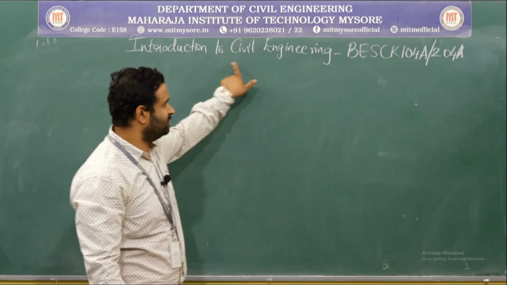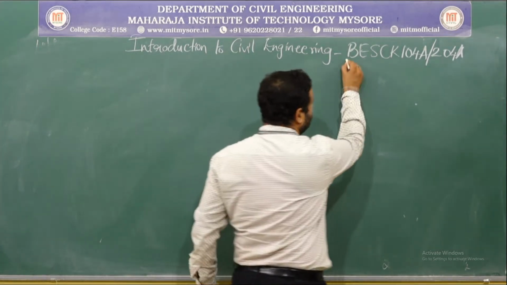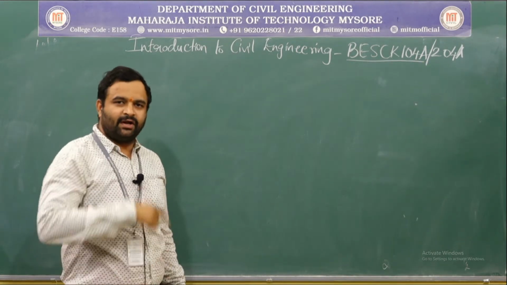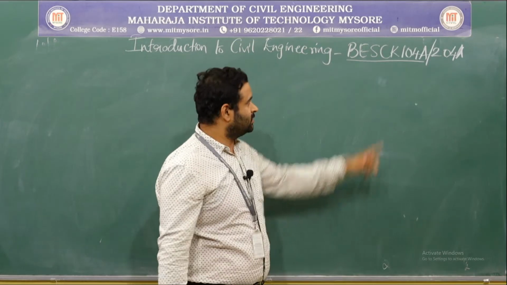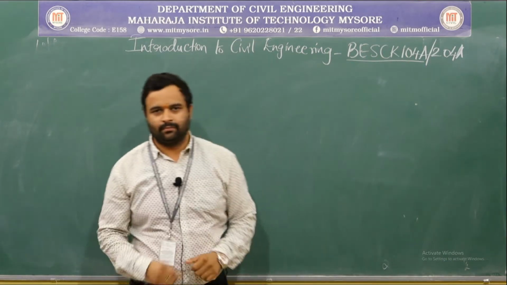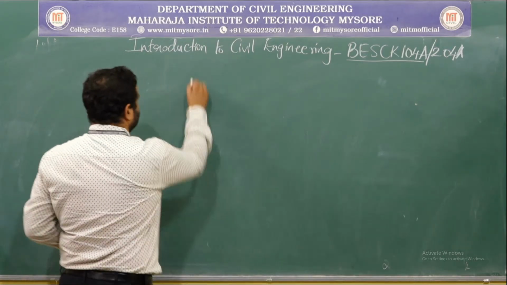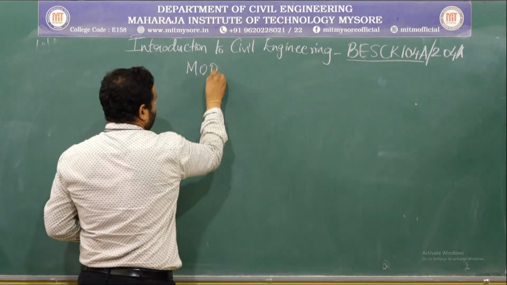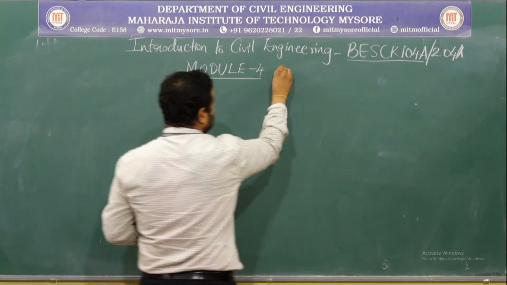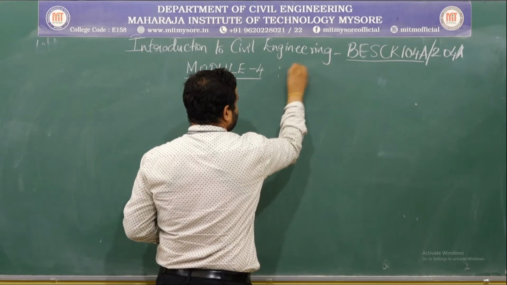If you take this in the first semester, the subject code will be BESCK 104A, and if you take up this subject in the second semester, the subject code will be BESCK 204A. Okay, and module 4 deals with Centroid.